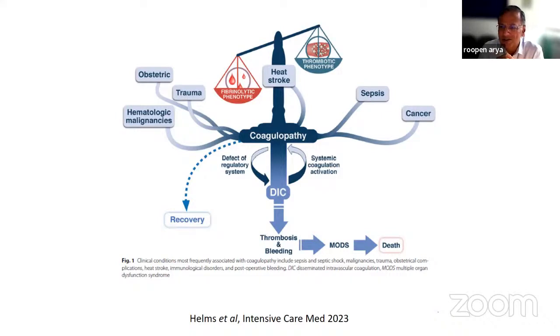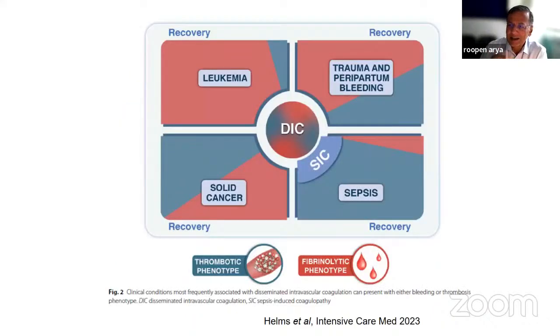I mean, the big hitters are clearly sepsis, cancer, the obstetric setting, trauma, in tropical countries, heat stroke as well. And clearly some hematological malignancies also strongly associated with coagulopathy.